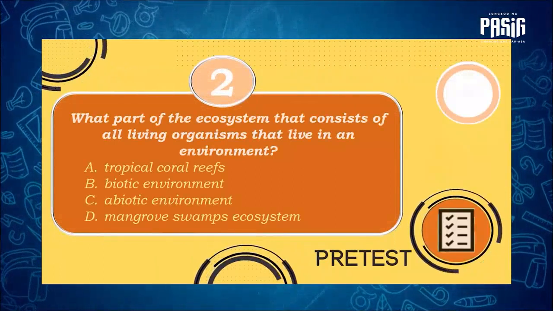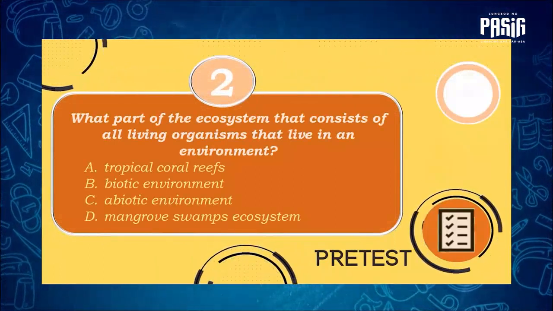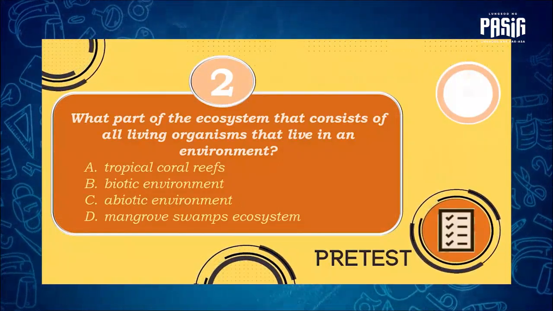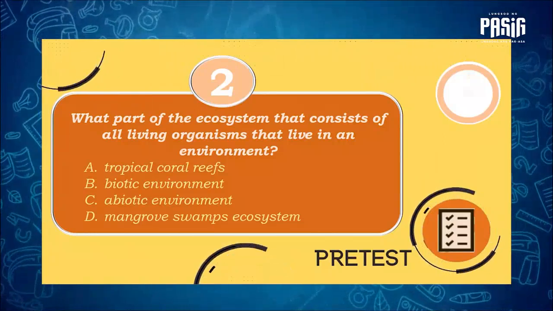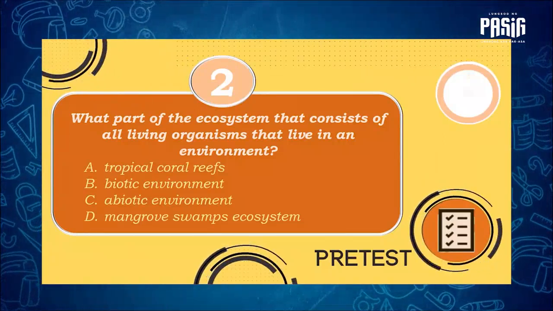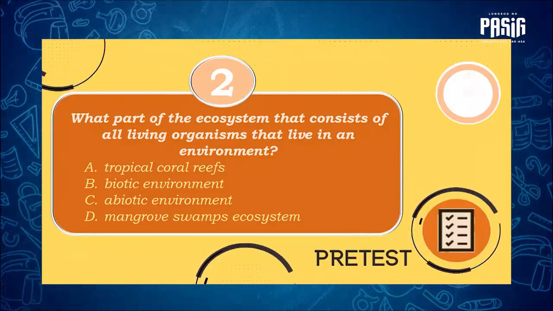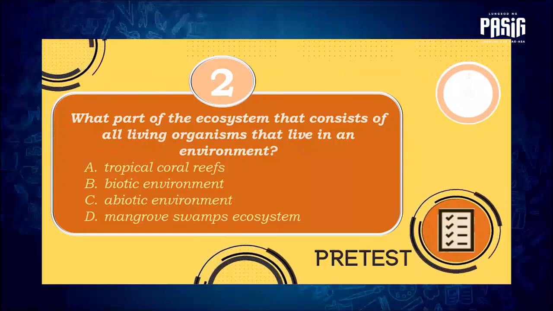What part of the ecosystem consists of all living organisms that live in an environment? A. Tropical coral reefs. B. Biotic environment. C. Abiotic environment. Letter D. Mangrove swamps ecosystem.